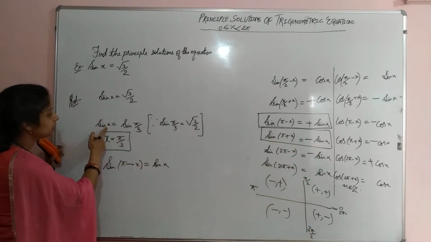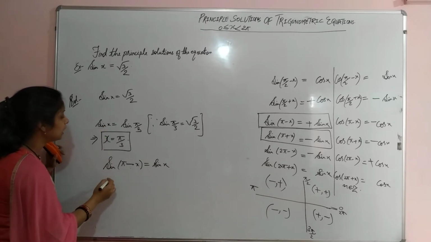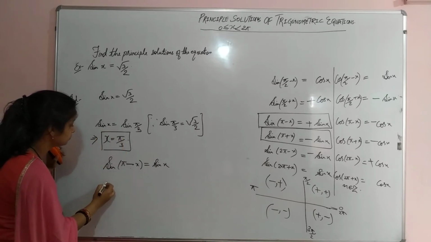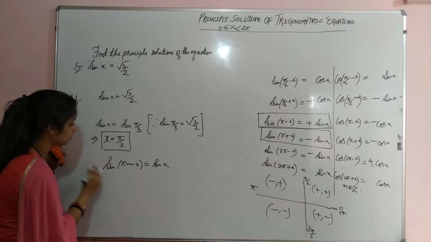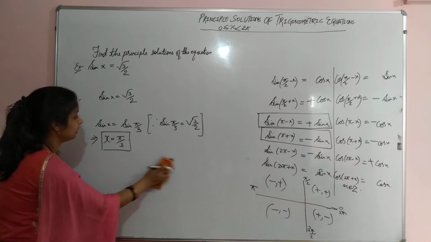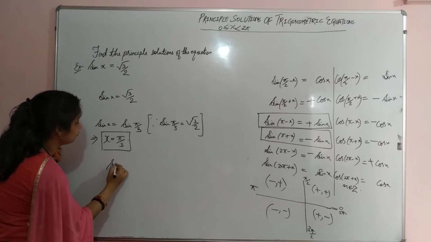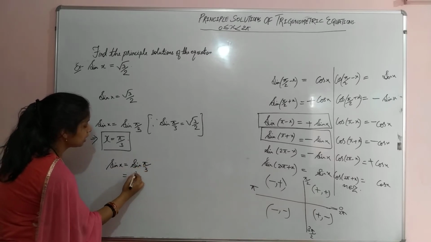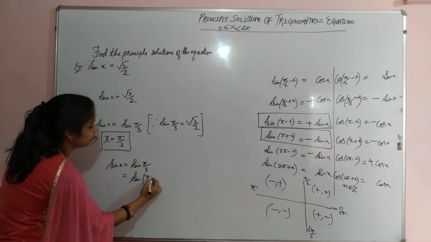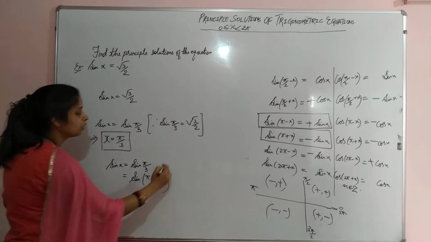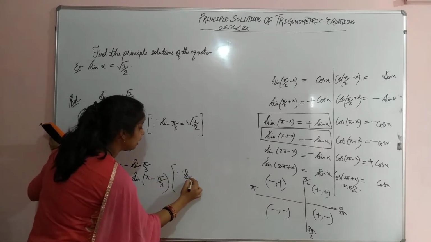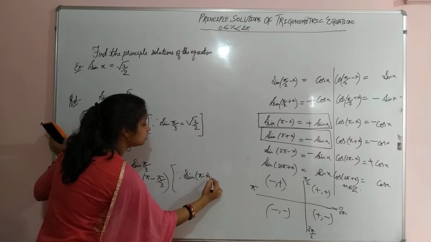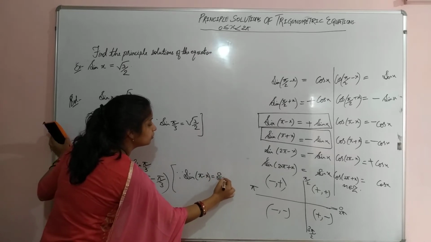So here this is sine x. I'm going to write here sine of x is equal to sine pi by 3. So this can be written as sine of pi minus pi by 3, because sine of pi minus x is equal to sine of x.